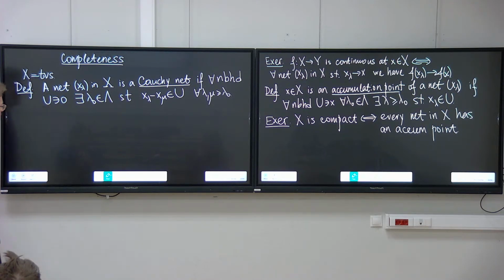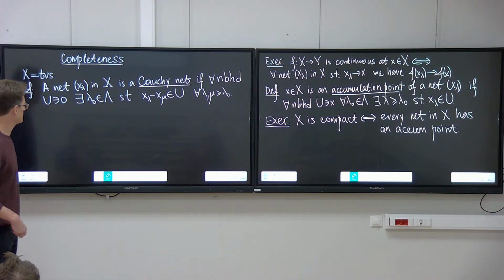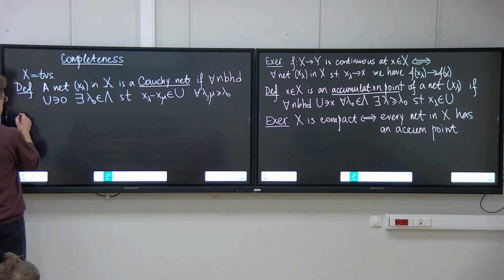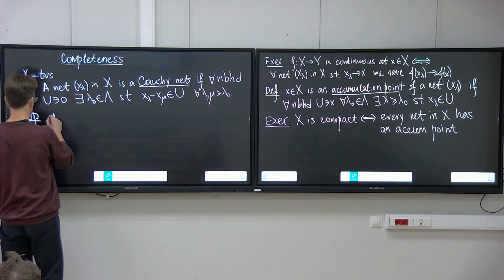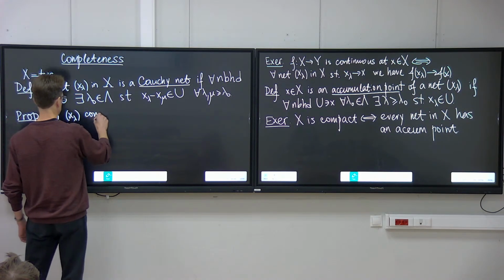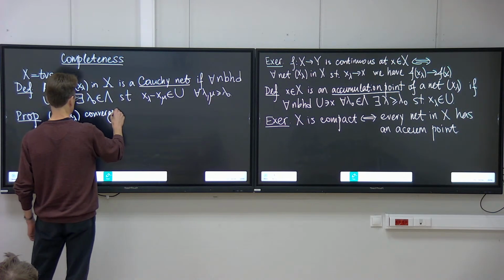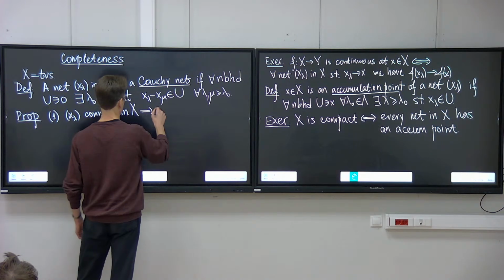Well, so this is a general definition of a Cauchy net in a topological vector space. Let's look at some basic properties of this notion. So we have the following proposition. First of all, if our net converges, that is, it has a limit x, then it is a Cauchy net.